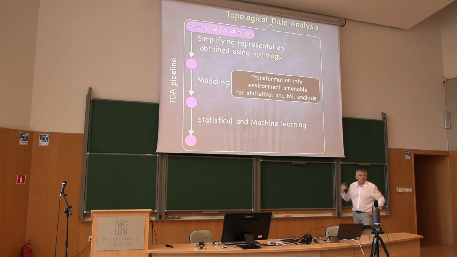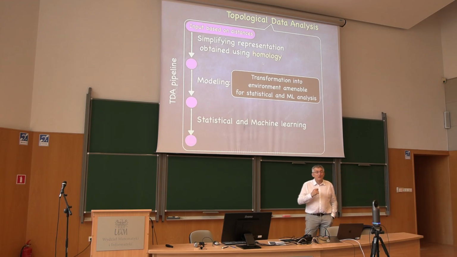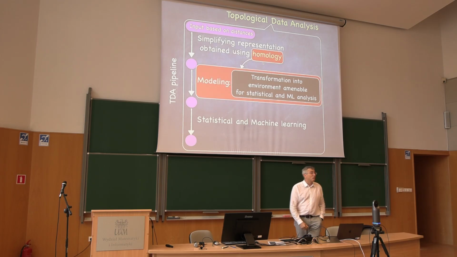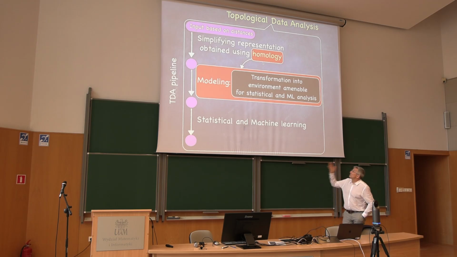So homology is definitely not designed for doing statistics. So I think one of the first key achievements, like major achievements in topological data analysis, is that people found ways of converting that information into objects that are amenable for statistical analysis.